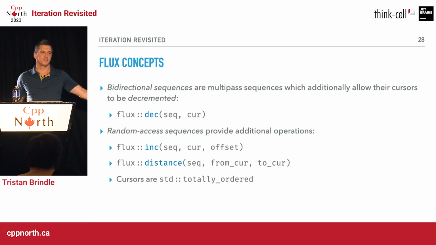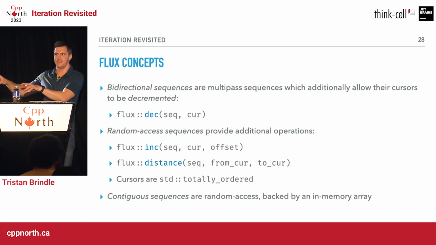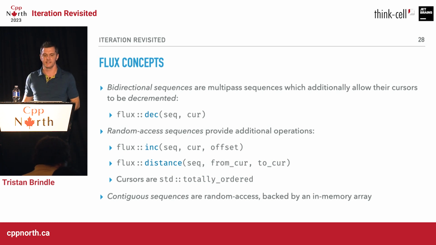So we have bidirectional sequences like bidirectional ranges, random access sequences like random access ranges, and we also have contiguous sequences. These are random access sequences backed by some contiguous in-memory array. It means we can do low-level things like memcpy.